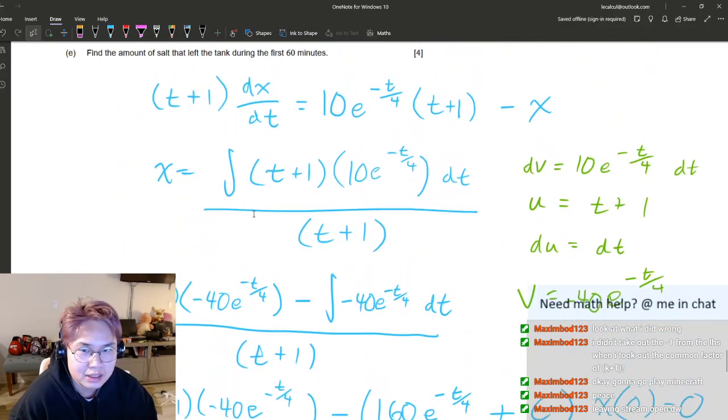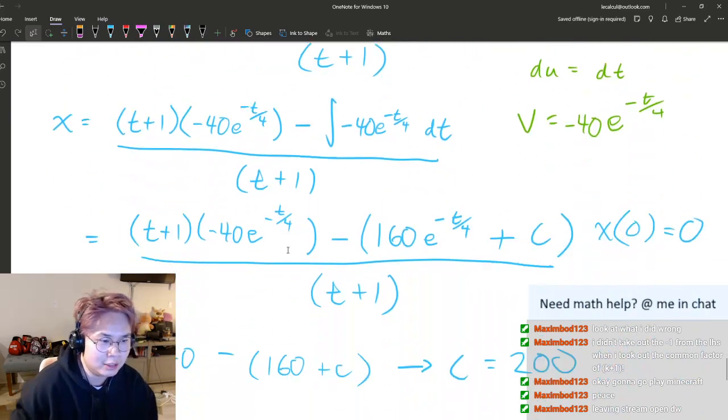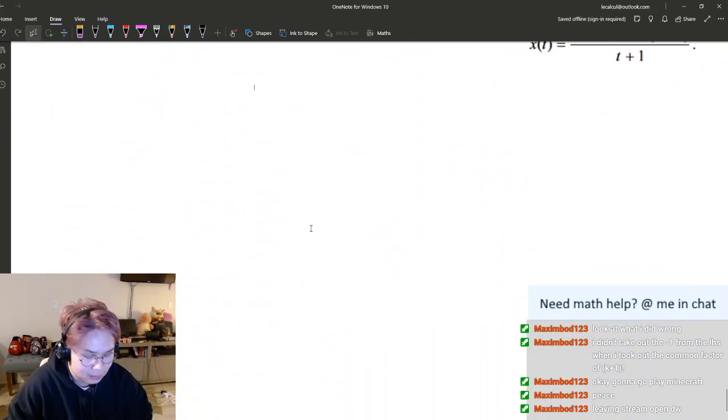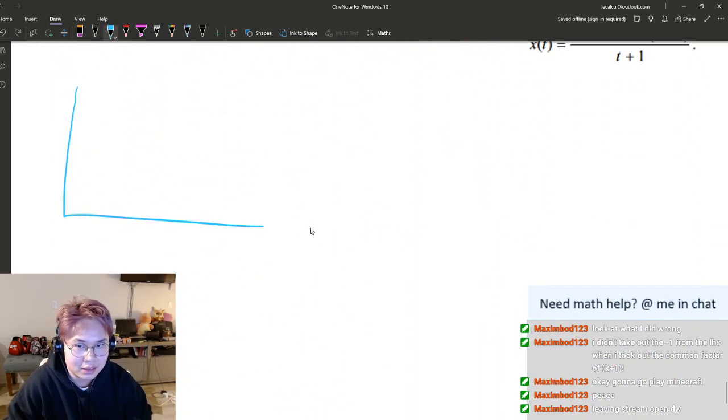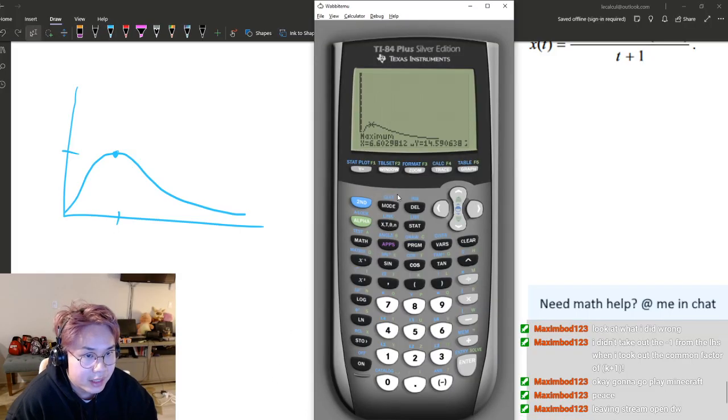And then what does the question want? Sketch it and find the maximum amount. Oh, okay, well, do your sketch. The maximum happens at 6.6 and 14.6.